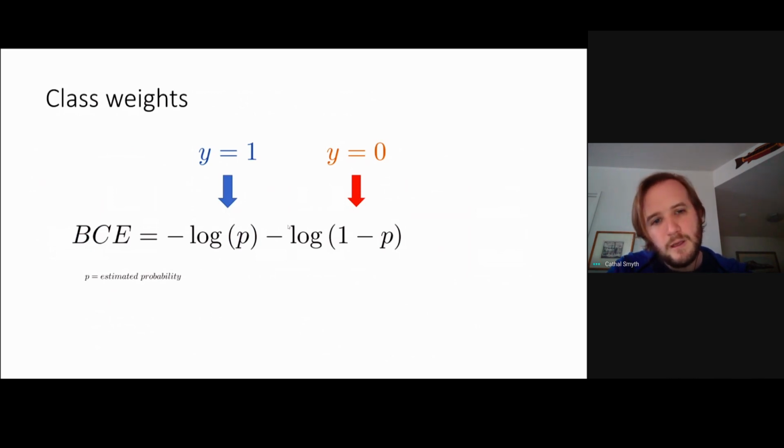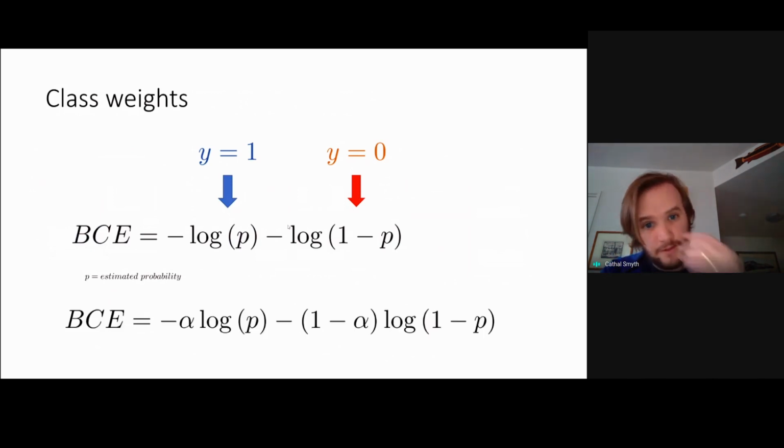One thing that we can do to improve this is by adding an extra multiplier term. So alpha in this case is going to multiply the first term and augment the loss coming from any misclassification related to the malicious data.